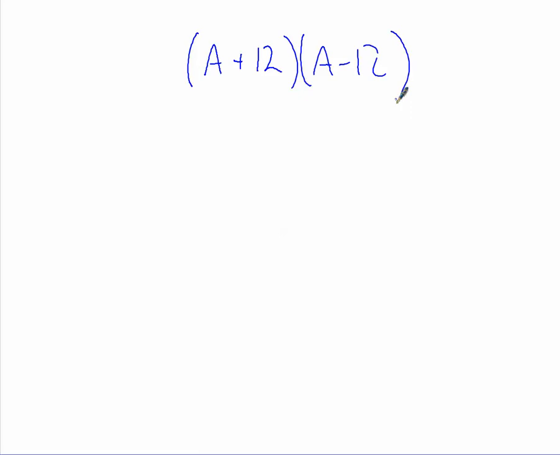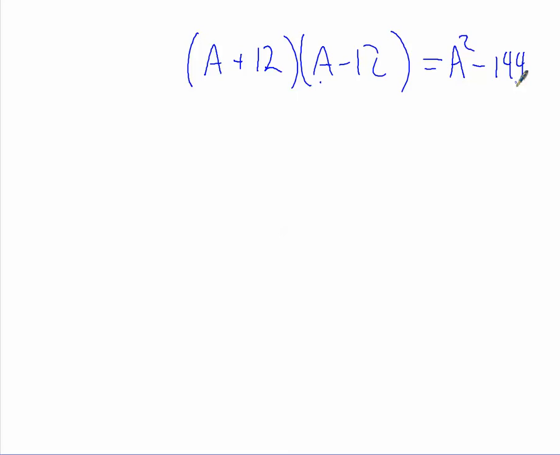Would it be a squared minus 144, because a times a is a squared, 12 times negative 12 is negative 144, and that middle term is going to cancel out. Brilliant. So this is a much quicker way. This only works for differences of squares because it's a special case.